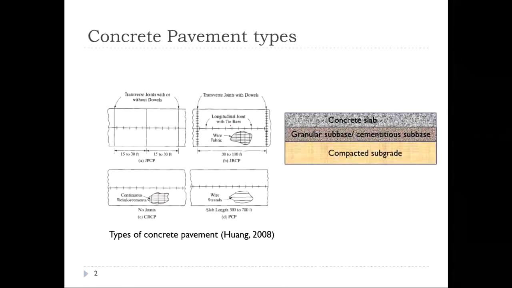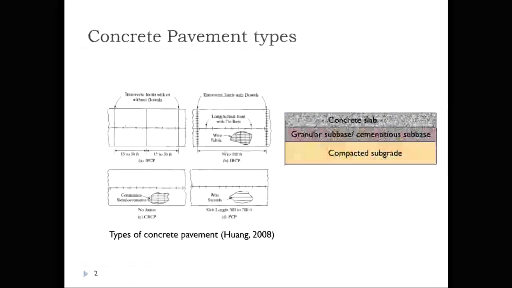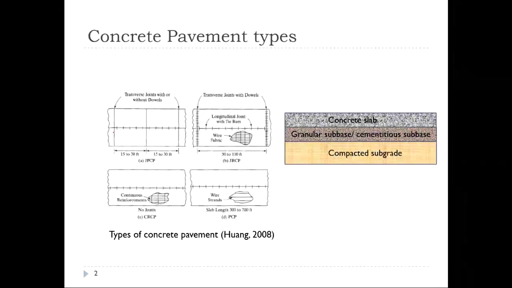The second one is JRCP, jointed reinforced concrete pavement. Here we provide reinforcement along the length of the pavement. We may not find this in India, but this combination is very common with dowel bars.